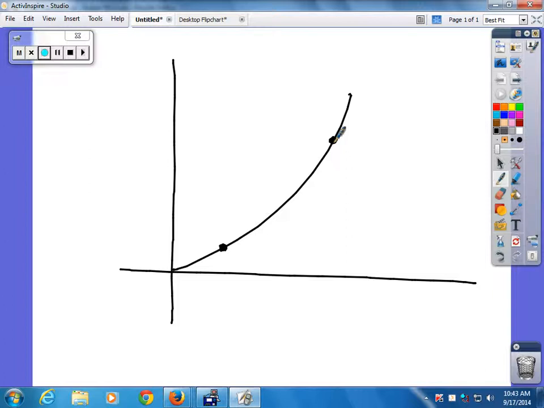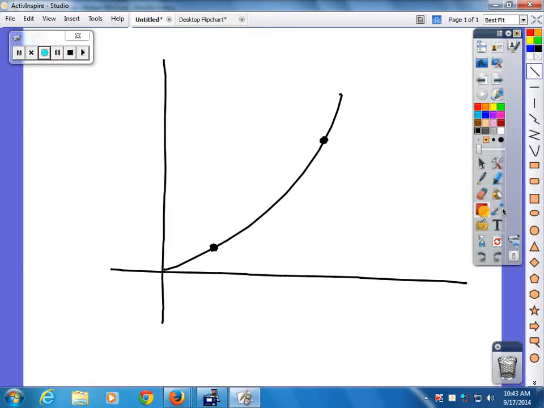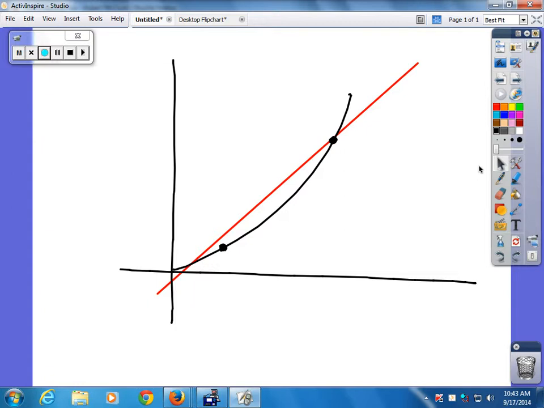And I'll do that in red. Well, that ain't too good, but I'll change it. And hit that.